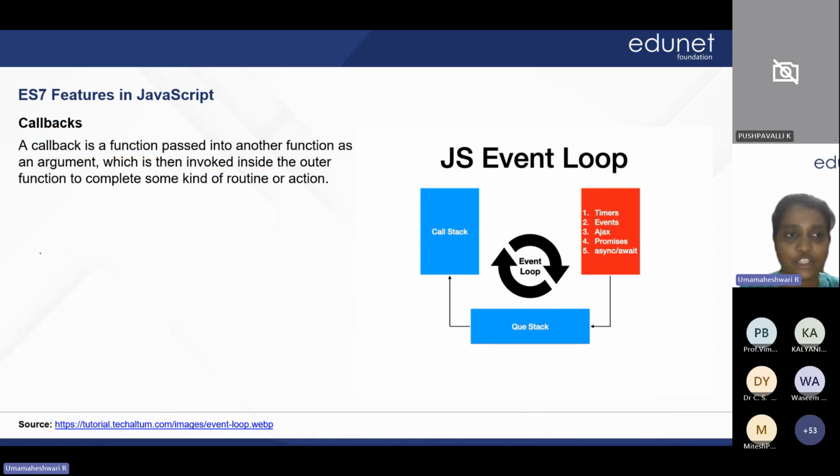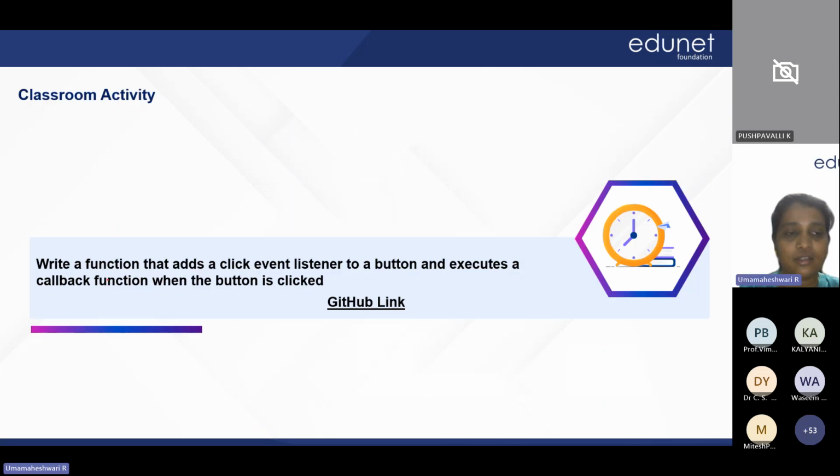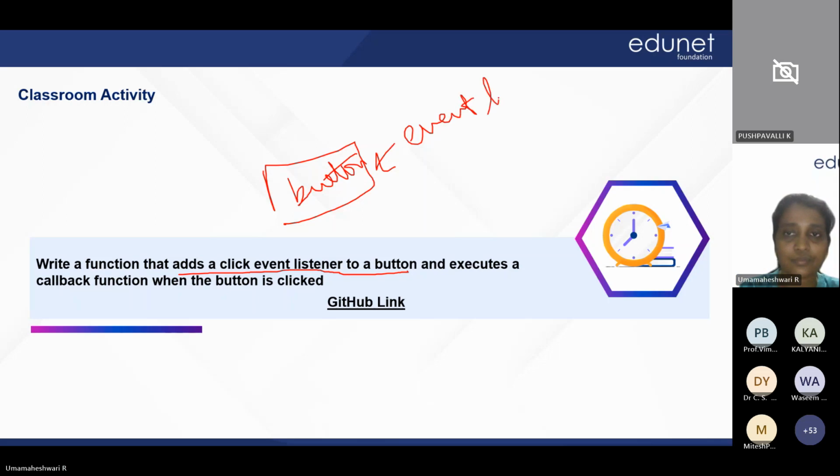I'll just tell you the activity or the task. You try it from your end using the callback function. The activity is: write a function that adds a click event listener to a button. There should be a button, and we are adding the event listener to that, and then it executes the callback function when the button is clicked.